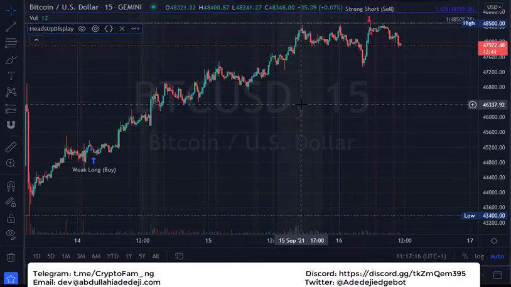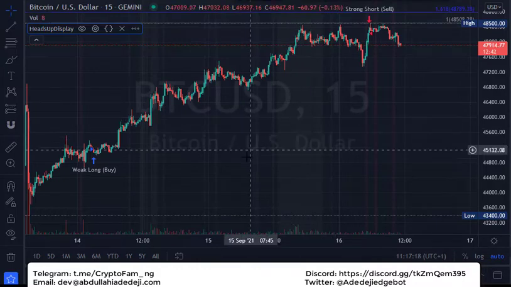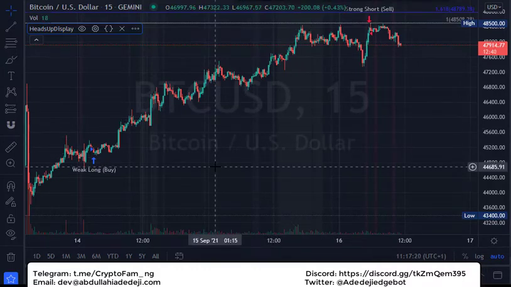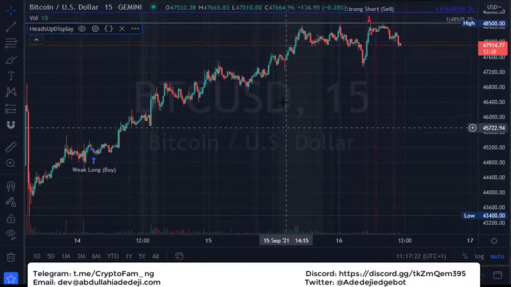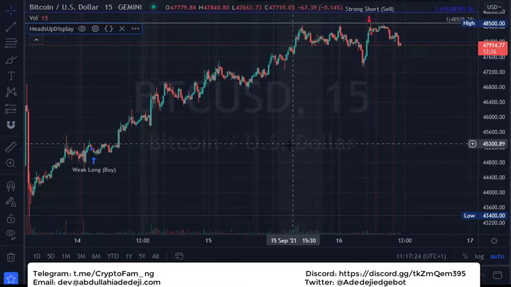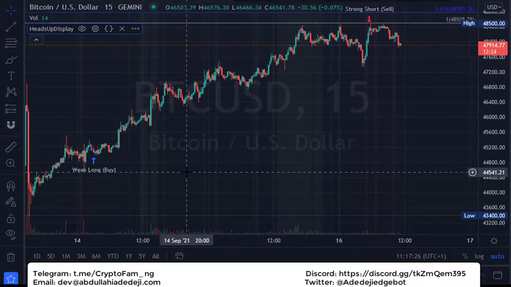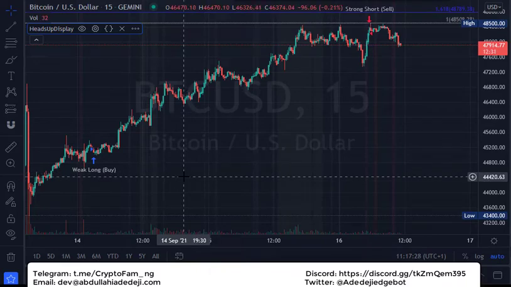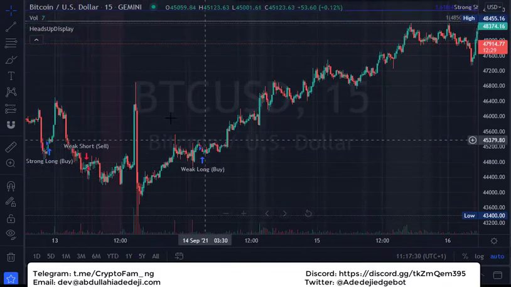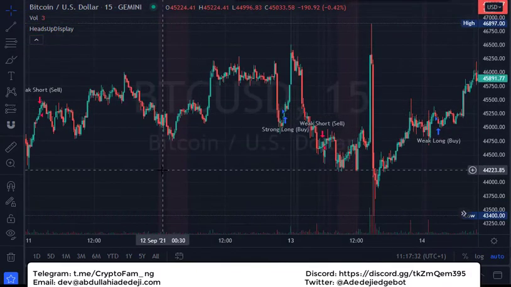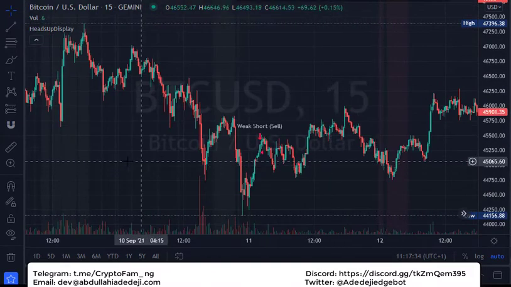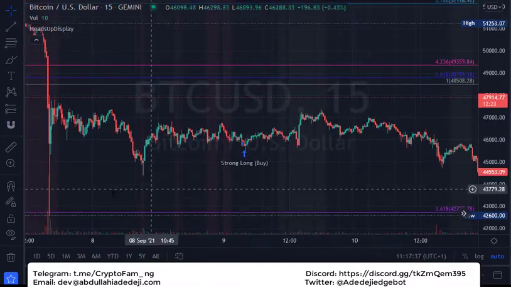The background color tells you where we are also in terms of bias. Are we bullish or are we bearish? The green tells us that we're currently in a very bullish zone. The red tells us we're in a bearish zone, and it's displayed on the chart as background color.